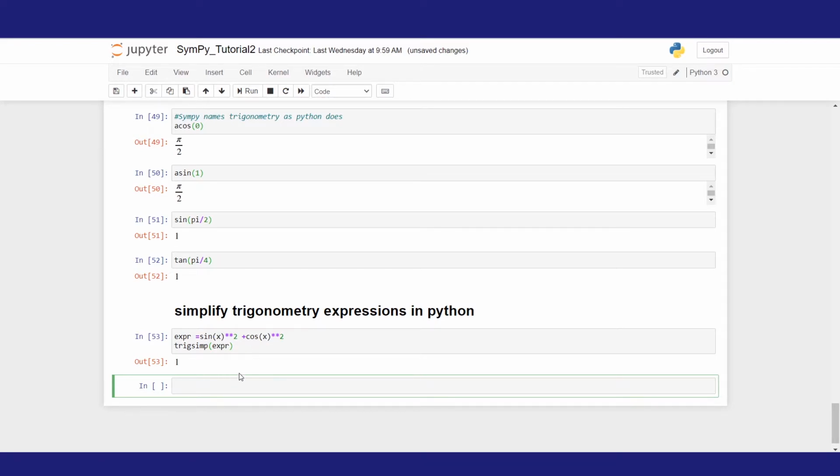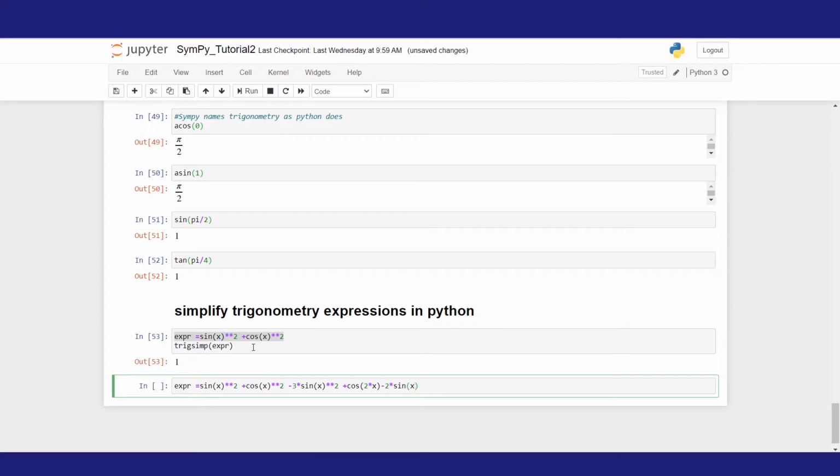And let's look at some other expression. Let me take this same expression and modify it to say minus 3 times sine of x, all raised to power 2, and then plus cos of 2 times x, and then minus 2 times sine of x.